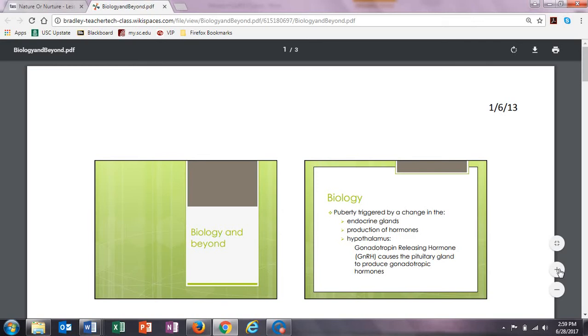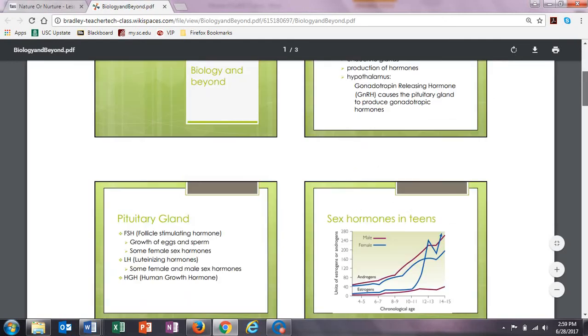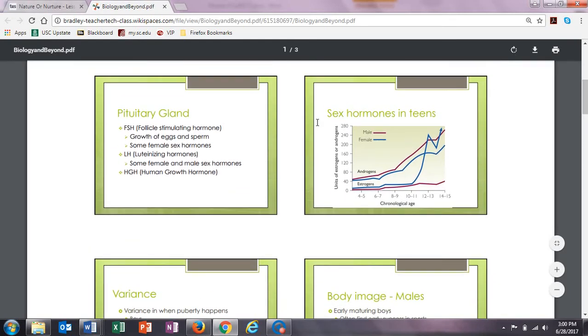And the book does a nice job of outlining all these changes here in 82 to 90. So you know all these things. You have studied these in biology. Yes, okay, growth of eggs and sperm, sure, is for female hormones and the male hormones.